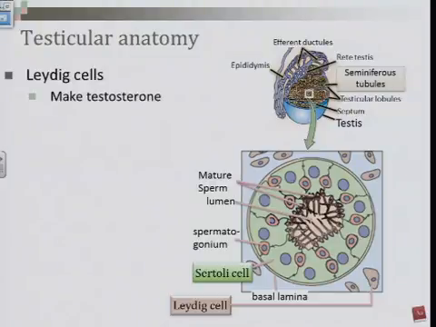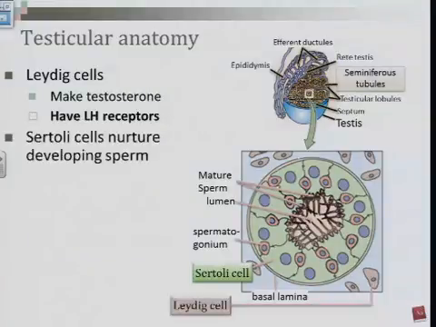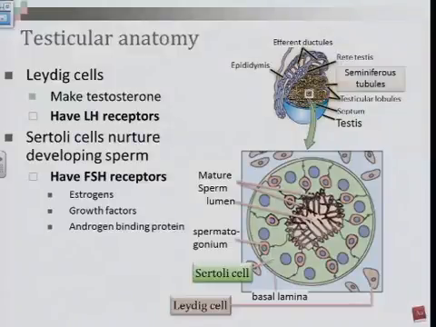The Leydig cells make the testosterone. They have LH receptors. Sertoli cells nurture developing sperm. They have FSH receptors. FSH then is responsible for synthesis of estrogens, growth factors required for spermatogenesis, and synthesis of the androgen binding protein for circulating testosterone.